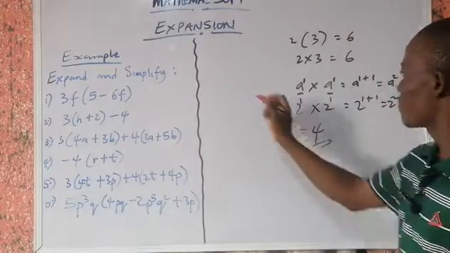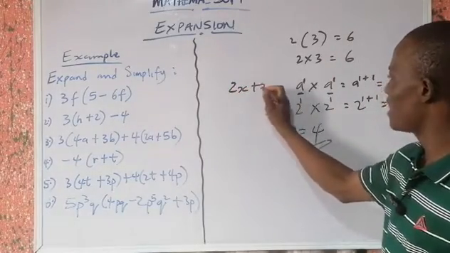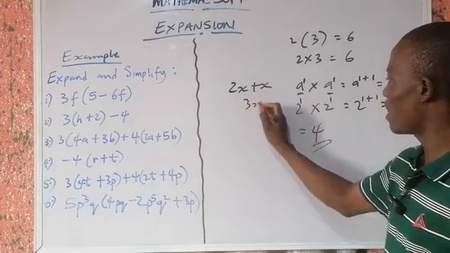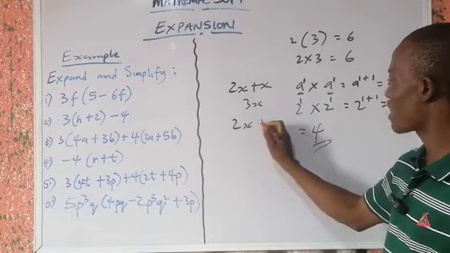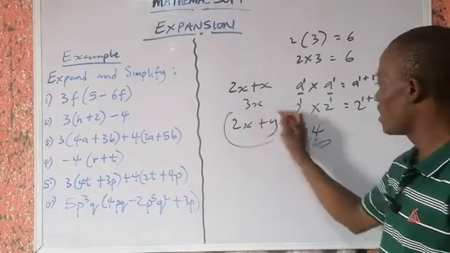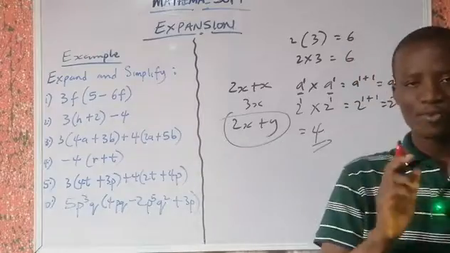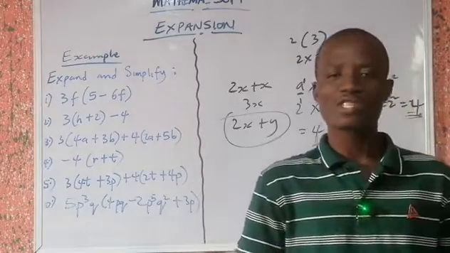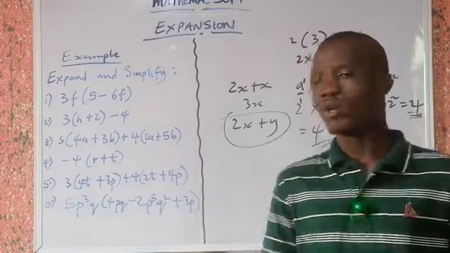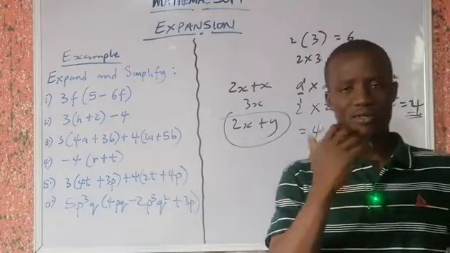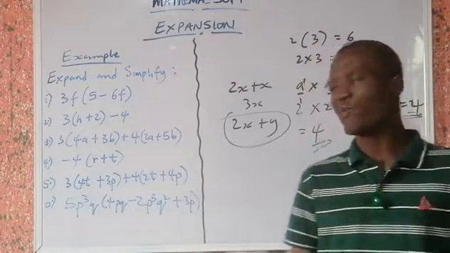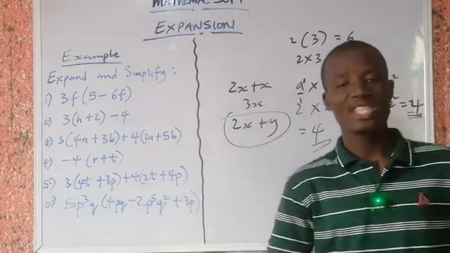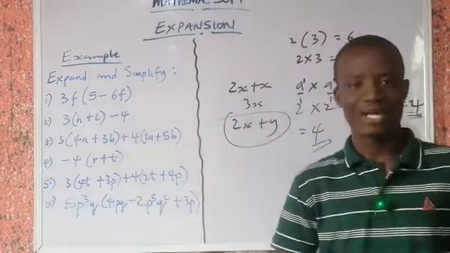So 2x can only be added to x, and that will give us 3x. But 2x cannot be added to y. This will remain the answer forever. So you must recall all these fundamental knowledge before you can proceed with this topic in mathematics.